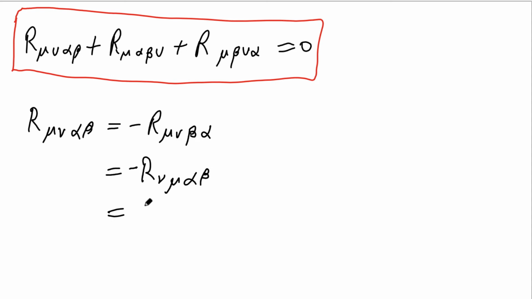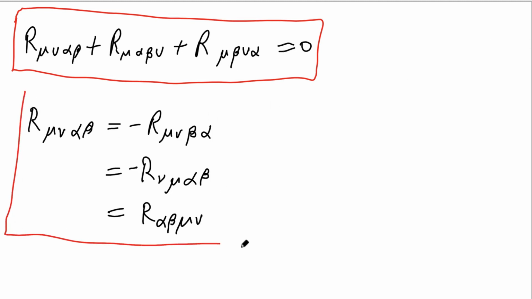It's also symmetric if we swap the first pair of indices for the second pair of indices. So this would be R alpha beta mu nu. So these symmetries reduce the number of independent components of the Riemann tensor from 256 down to just 20.